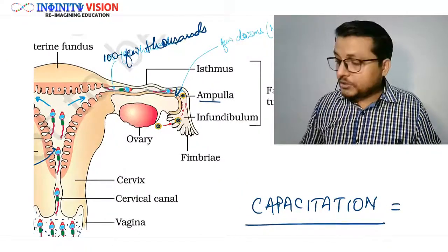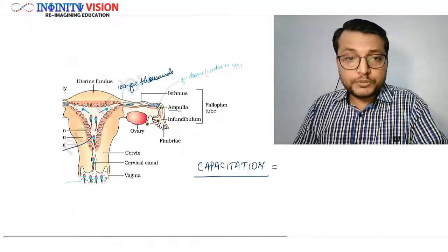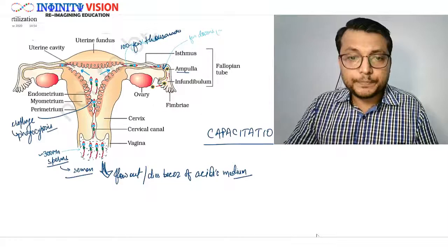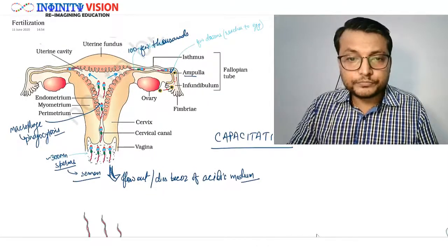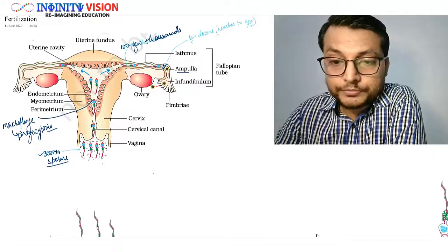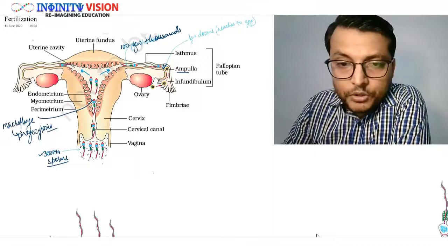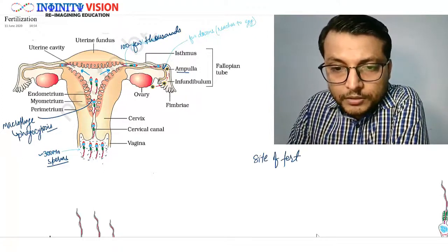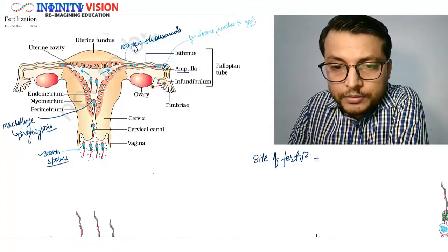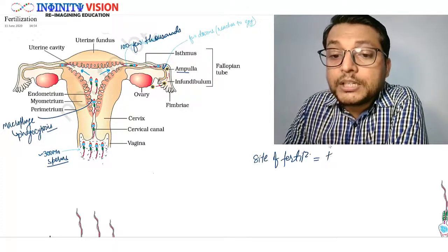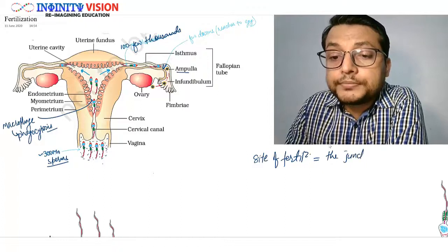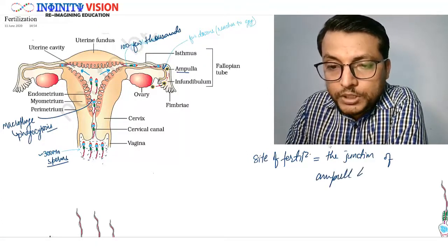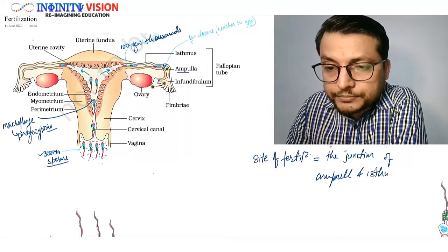Okay, so do remember, it is important. So the site of fertilization is the junction of ampulla and isthmus.